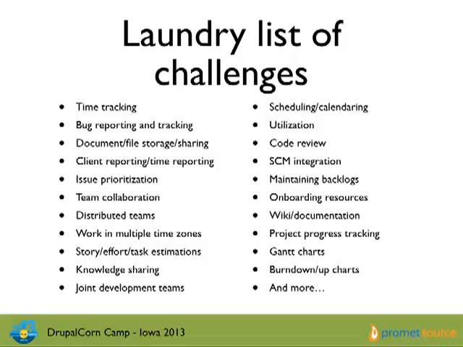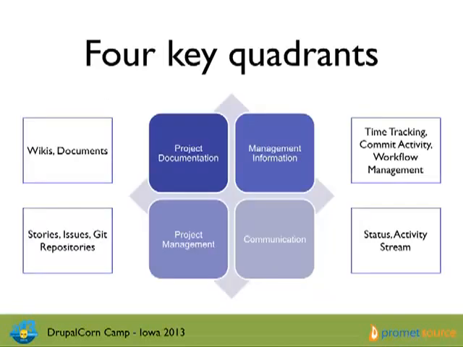Everything from the time it takes to do stuff, down to issues that are being tracked, how the team's collaborating, how a distributed team or multiple teams might be working together, how tasks are going to be estimated, how it's going to be shared. All kinds of things, from reporting to tracking. So a key thing is understanding there is a lot of information that goes into projects, especially if you're doing multiple projects over time, and if you're with an organization that is using Drupal for multiple projects and different types of projects. It's going to continue to add up.